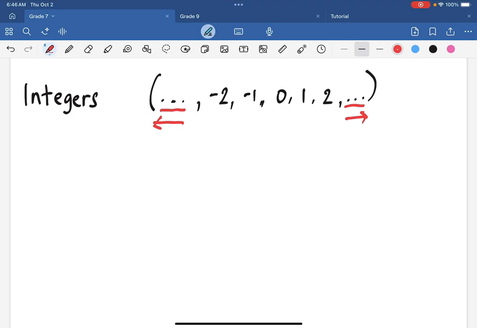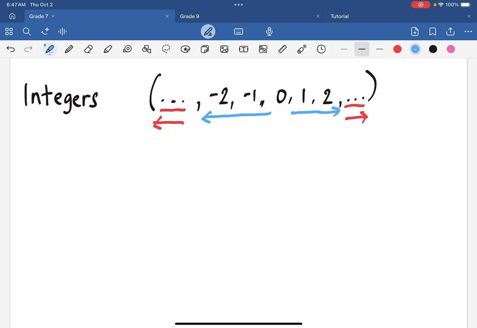Now, remember that negative numbers here are numbers less than 0. So that means the numbers from here going to negative infinity, and positive numbers are numbers greater than 0, so from here to positive infinity.